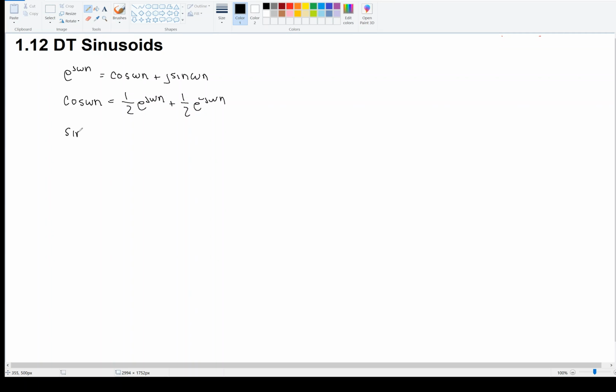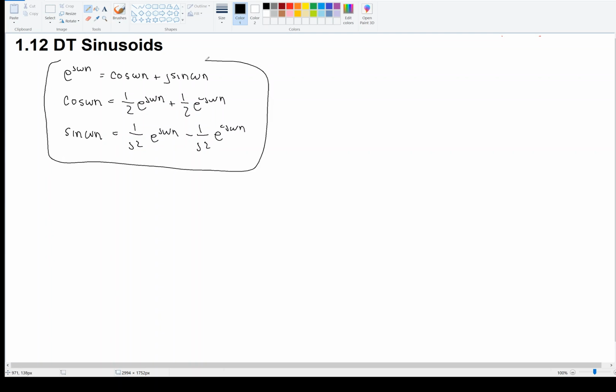And we can write sine of omega n as 1/(j2) e to the j omega n minus 1/(j2) e to the minus j omega n. So these things we saw for continuous time. The only difference was, of course, n was replaced by t. And so those equations, Euler's equations, hold for continuous time and discrete time. So you can always use those. That's our home base.